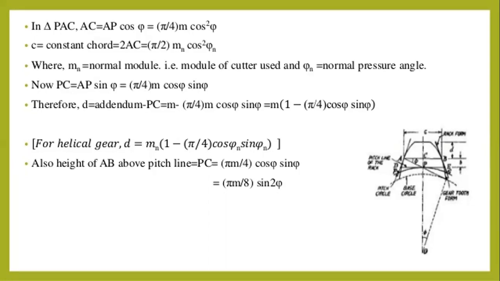Height above pitch line, that is PC, is equal to pi m by 4 cos psi sin psi. So that is to be represented as pi m by 8 into sin of 2 psi. That is the value.